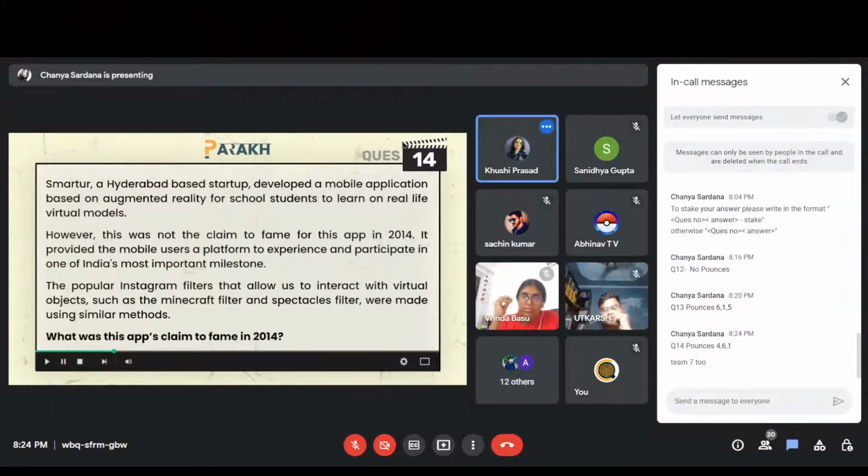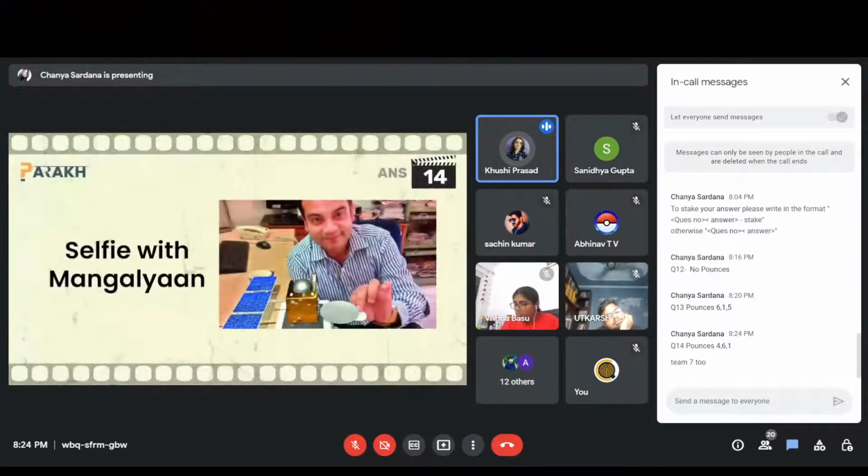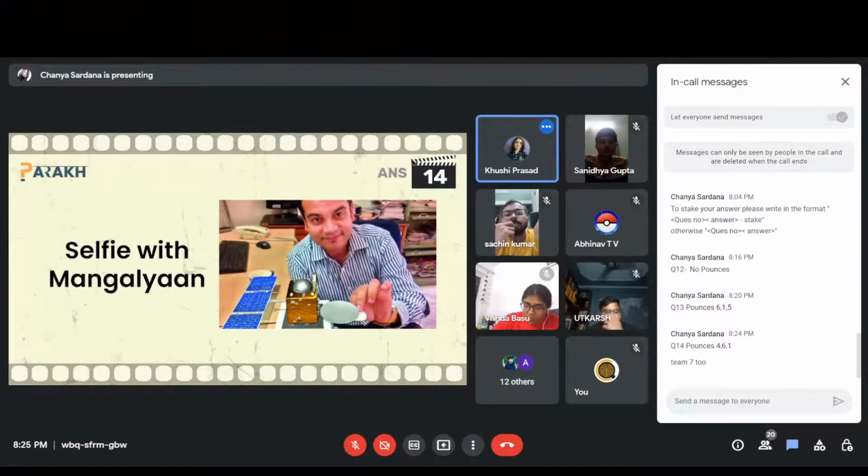Team 2 gets plus 20. Team 4 gets plus 20. Team 1 gets plus 20. Team 6 will get a minus 10 and Team 7 will get a minus 10.